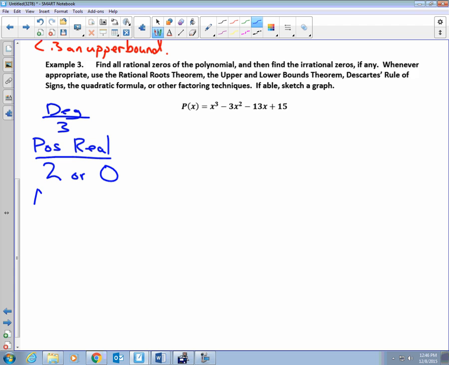I then have negative real. Well, I have to do p of negative x. And as we talked before, the sign will change for the odd exponents and stay the same for even exponents. So p of negative x will be negative x to the third minus 3x squared plus 13x plus 15.